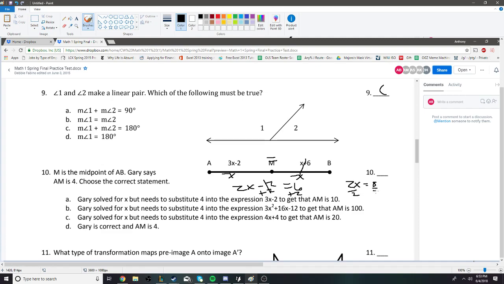And divide both sides by 2 to get x equals 4. So if x is equal to 4, that means we could plug it back in right here. 3 times 4 is 12. 12 minus 2 is 10. So we get 10. Because remember, they asked us for AM. You solved for x, but need to plug it back in.